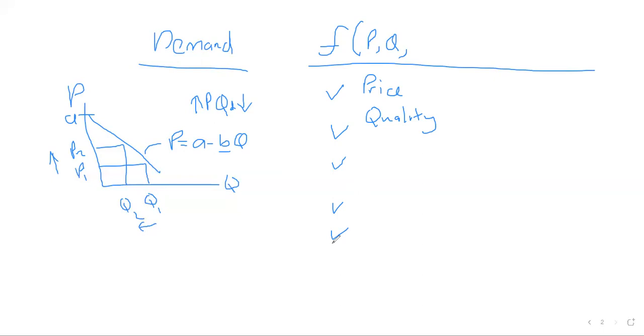Accessibility of the product, could that be? What else? Right, so we have income. Your income base affects your demand for the commodity.